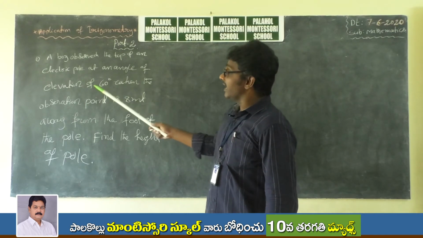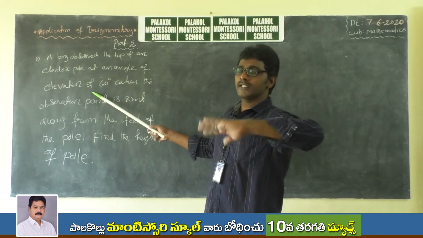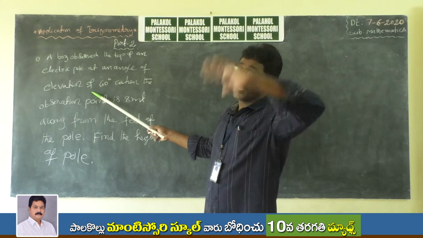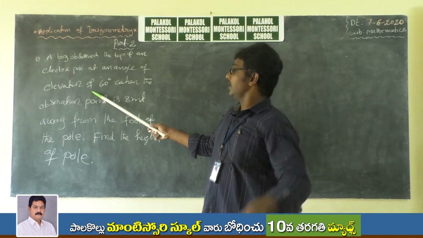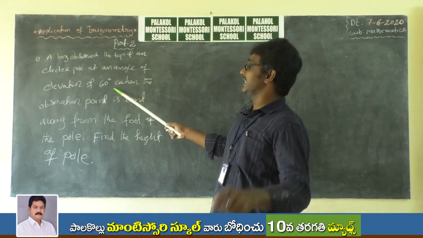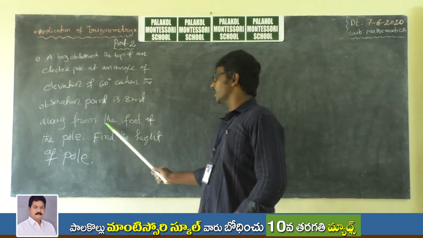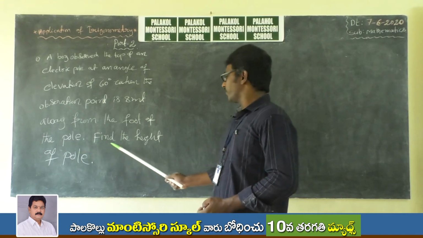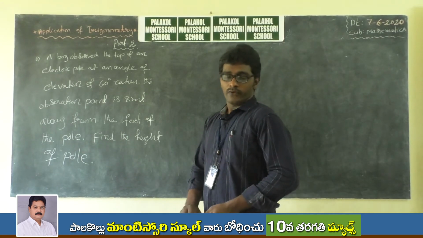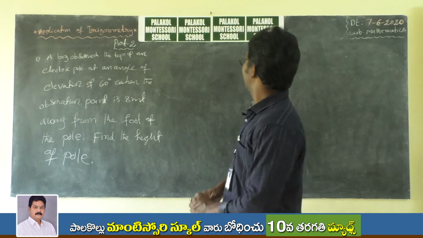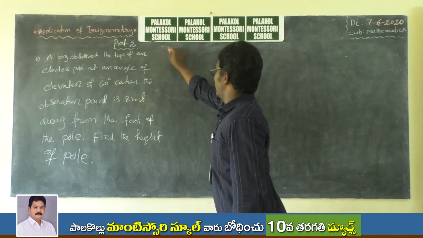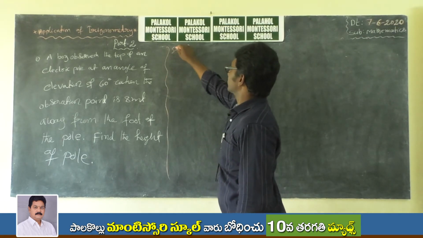An angle of elevation means the line of sight is above ground level. It makes an angle of 60 degrees when the observation point is 8 meters away from the foot of the pole. So find the height of the pole. First, draw a neat diagram. See, I do the solution.